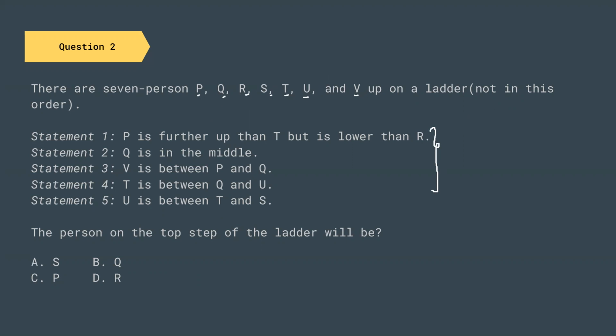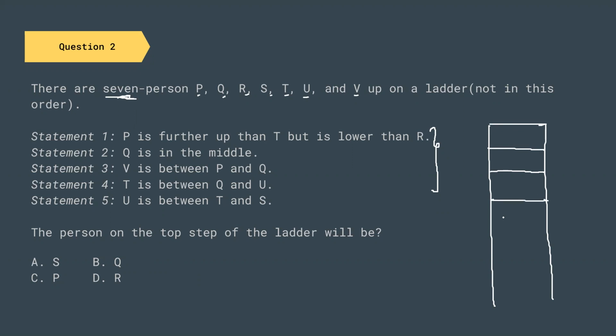So as we know that there are 7 persons, we can imagine that we have 7 rungs in our stairs. This is 1, this is 2, this is 3, this is 4, this is 5, this is 6, and this is 7.